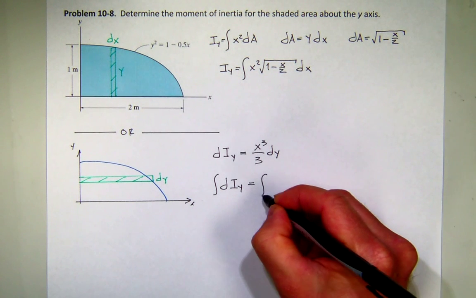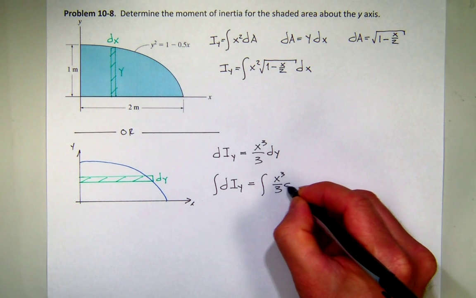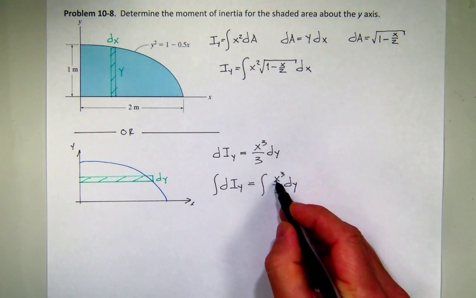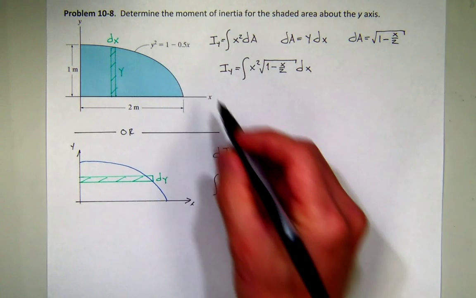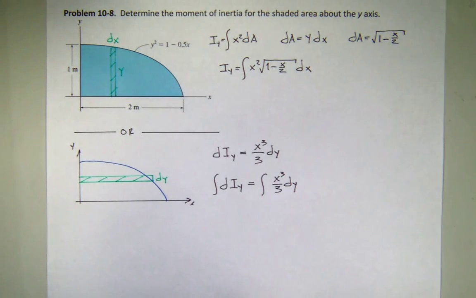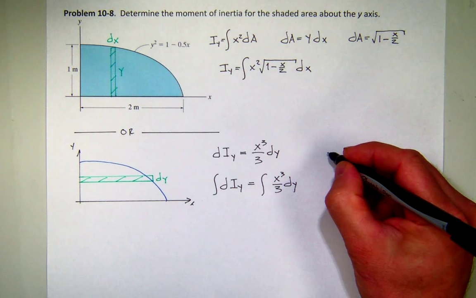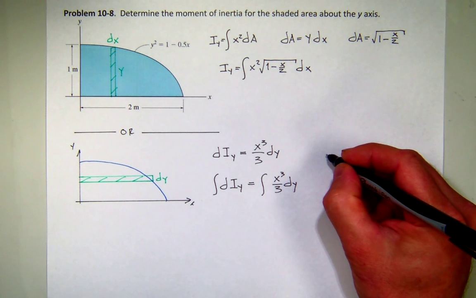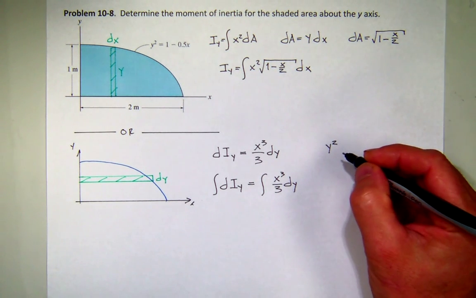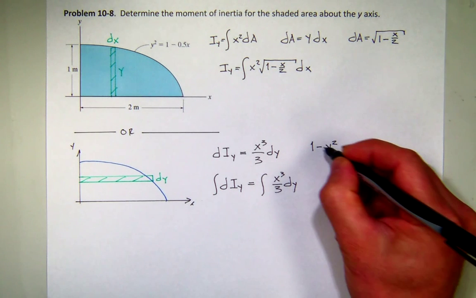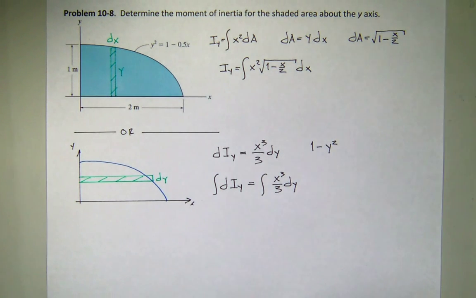So that's what I'm going to do. I just need to write x as a function of y. What is x as a function of y? It's right there. Let's see if I can turn this around. It would be 1 minus y squared, times 2.